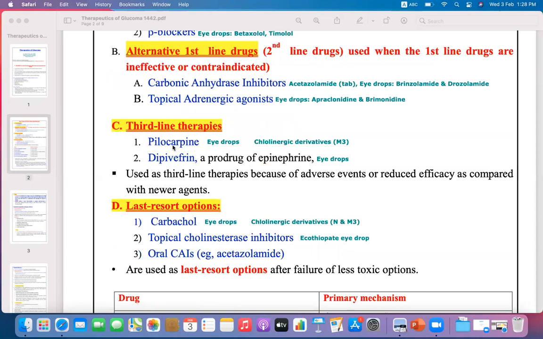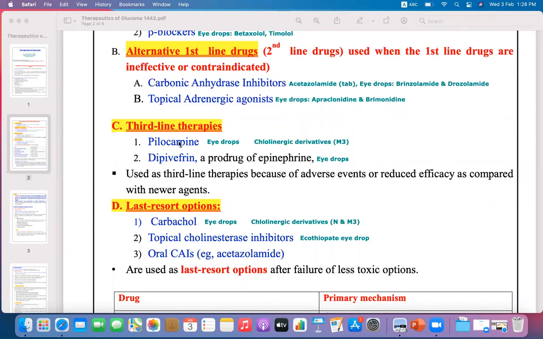As we discussed in the previous session on the effect of drugs on the eye, pilocarpine is a cholinergic drug that acts on the M3 muscarinic receptor in the eye and causes miosis.